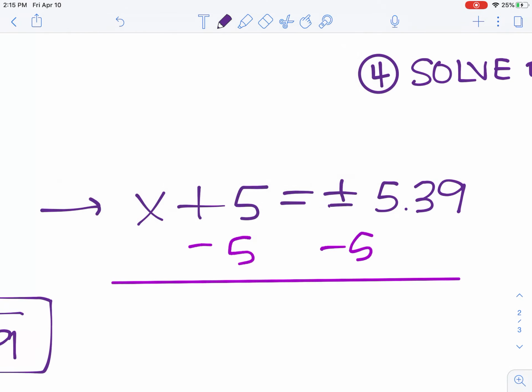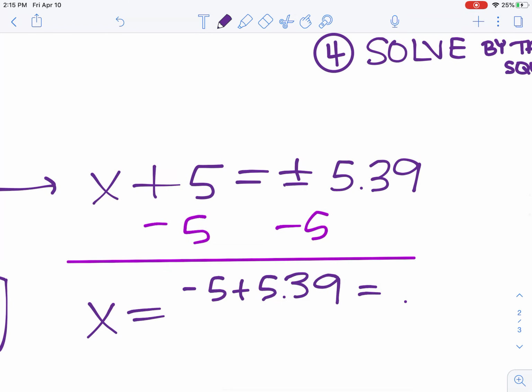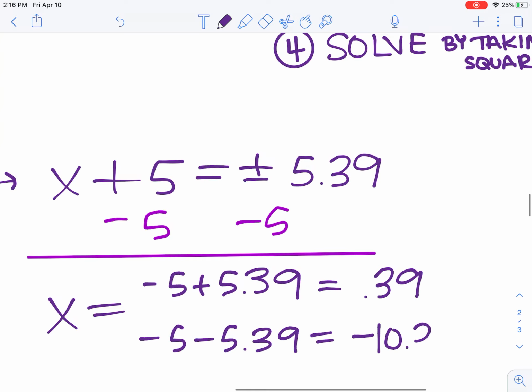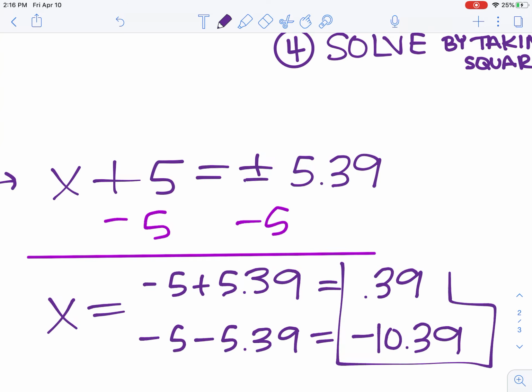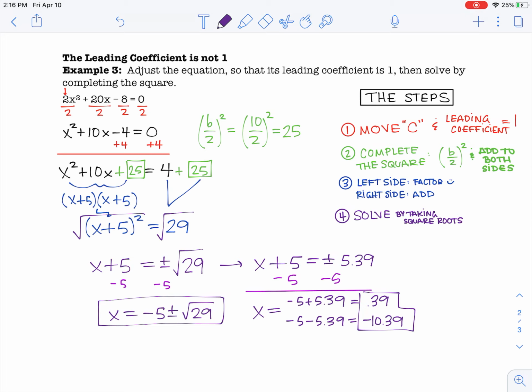So option number 1 would be negative 5 plus 5.39, which gives you 0.39. And then we'd go negative 5 minus 5.39, which gives us a negative 10.39. And there would be your two solutions. So that would be your approximate solutions. The first answer would be your exact. And that is the process of completing the square.